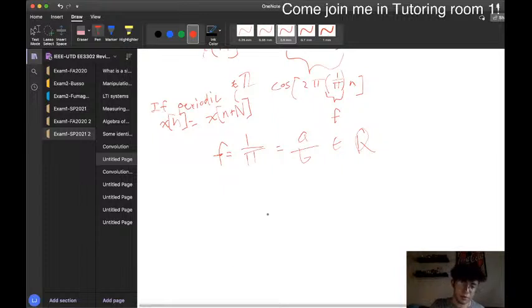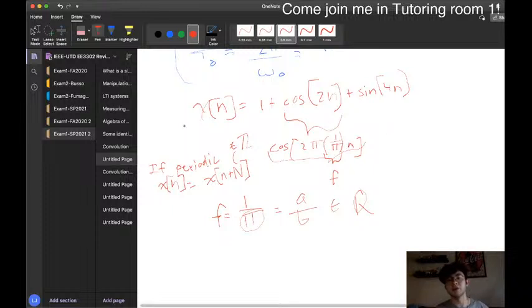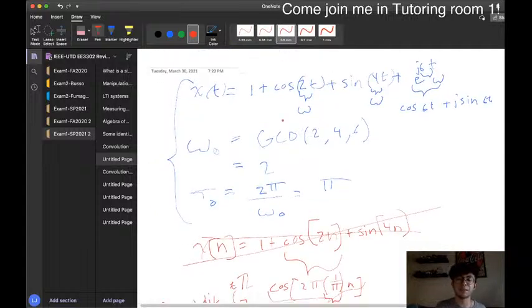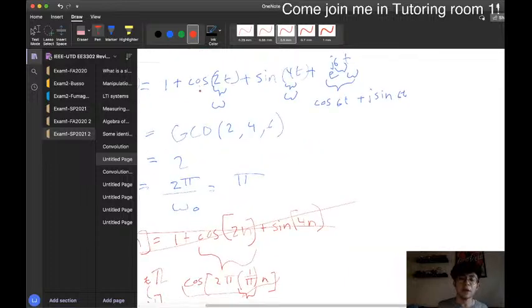But notice that pi is not a rational number, so we cannot say that this cosine here is periodic. And in order for something to be periodic, the sum of all of its components needs to be. So this x of n here is aperiodic, even though it looks very similar to x of t, the one in continuous time.